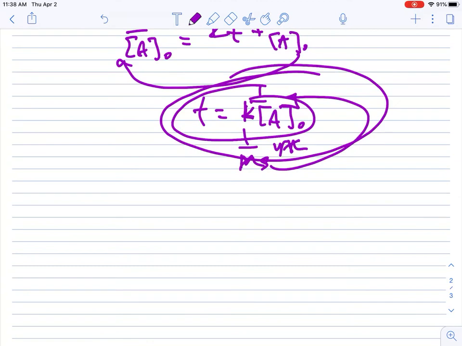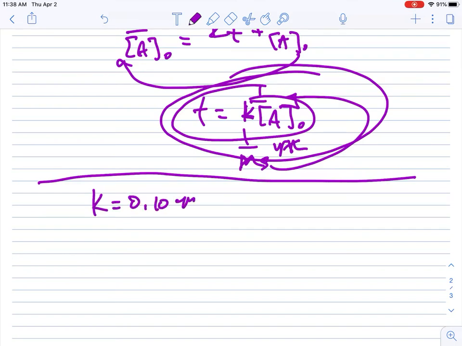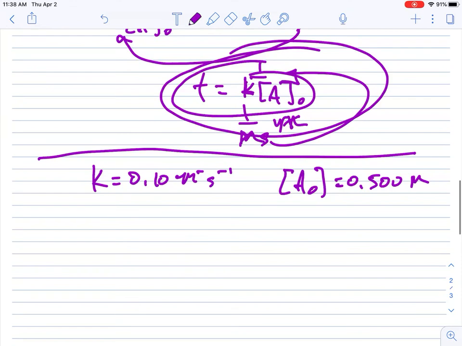So how you use this, okay? Let's work with the second order reaction here. Let's say that k is 0.10 M^-1 s^-1, and the initial concentration of A is 0.5 molar. And we want to figure out the half-life.